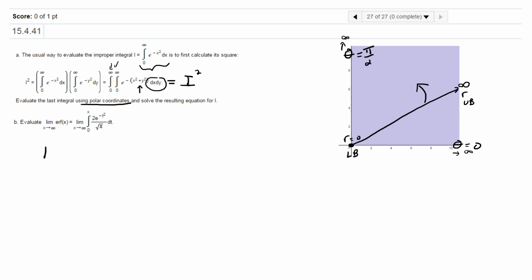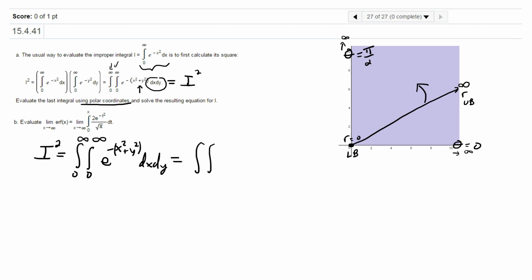So our job is to find I squared, which is the integral from 0 to infinity on x and y of e to the minus x squared plus y squared as a quantity, and it was a dx dy, and what we're discovering is that we can do it as an r dr d theta, replacing the dx dy with that.